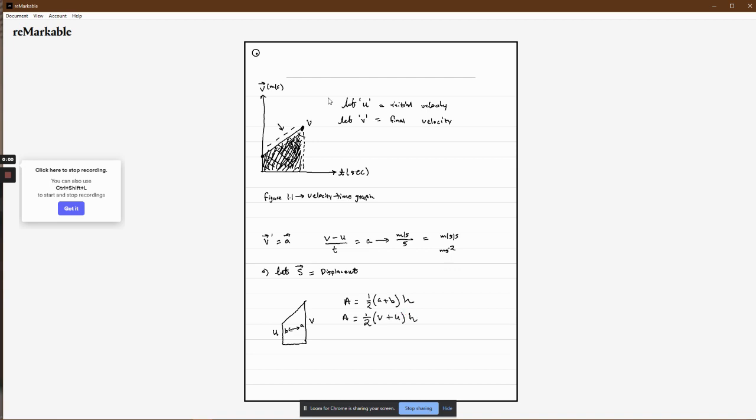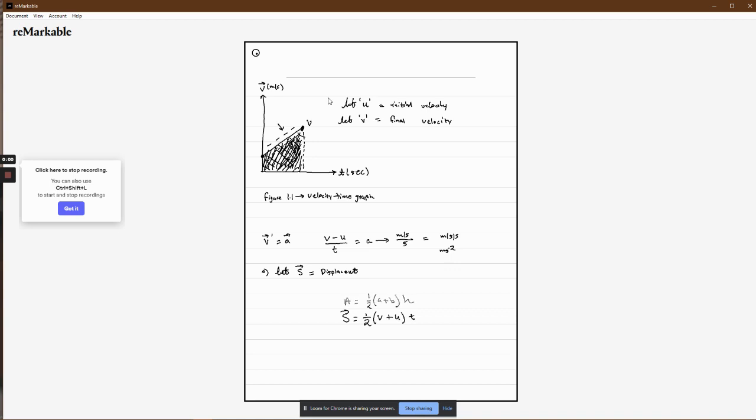In this case, h is going to be this length over here. Compare it to this graph: h is going to be time. So this is going to be time. And the area under the curve we all know as s. So s is equal to half (v plus u) t.